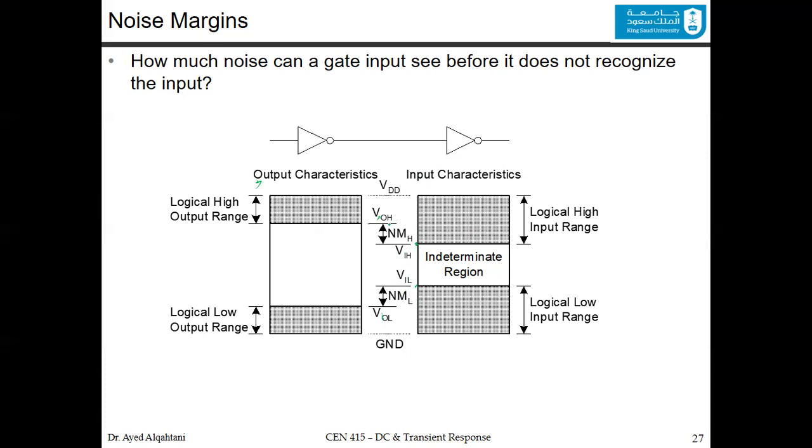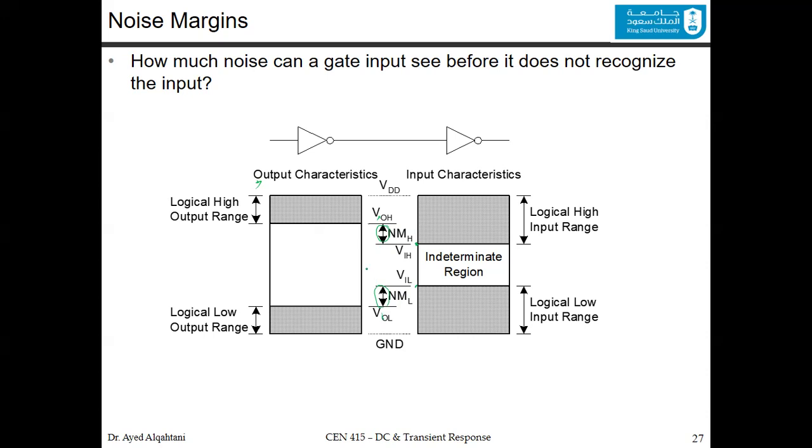Now, if you take this range, basically you are subtracting VIH from VOH, and then you have the noise margin at the high, and you also do the same thing and you have the noise margin at the low. From the looks of it, they are the same. They are equal to each other.